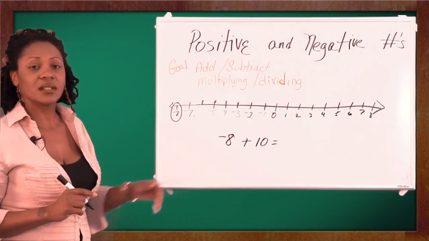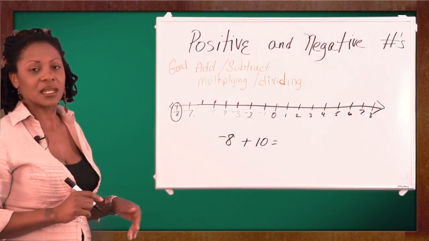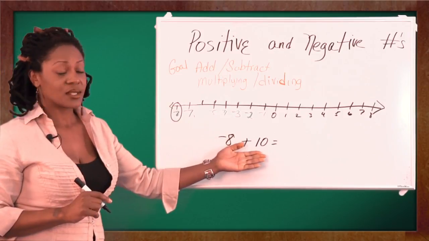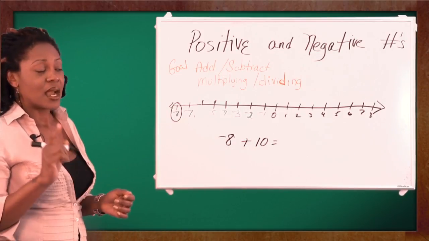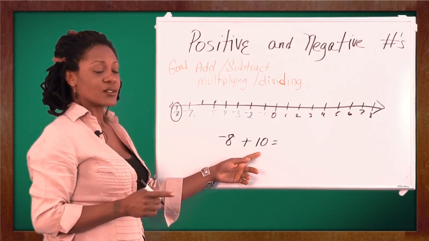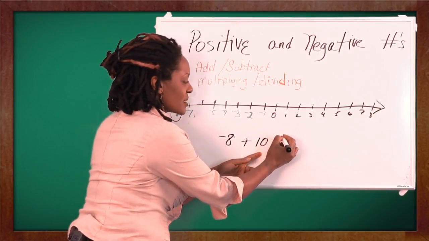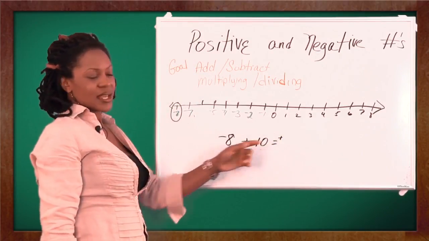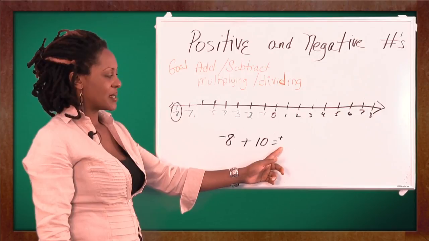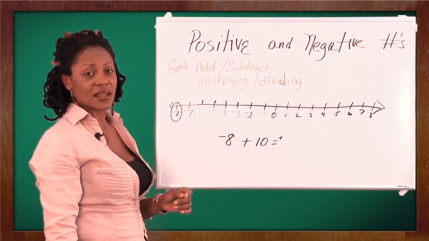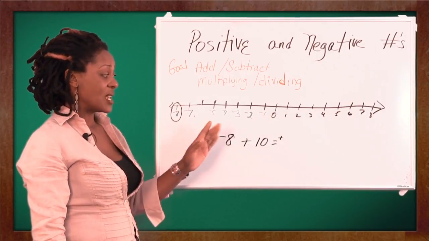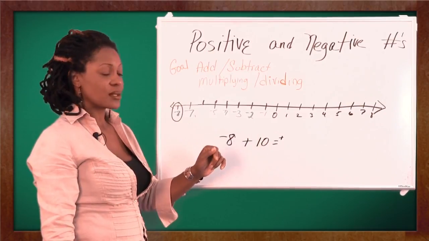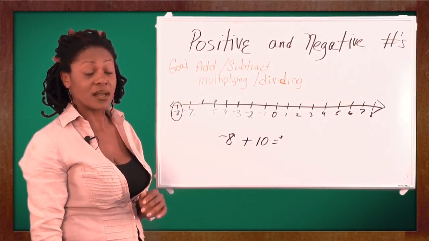So here, which is the larger number? Forget the 8 being negative. Is 8 larger than 10 or 10 larger than 8? Our answer is 10. It's the larger number. So that means our answer is going to be positive. Now I put that little plus sign just to remind myself that I'm moving to the positive side of the number line. Okay, and even when you don't see a plus, we know that that number is still positive.